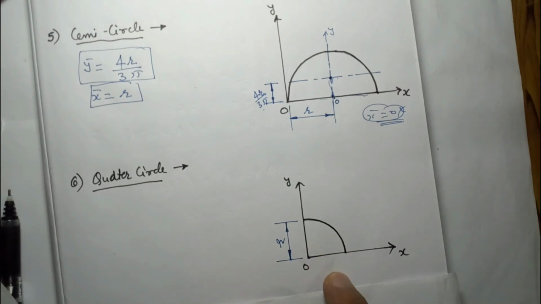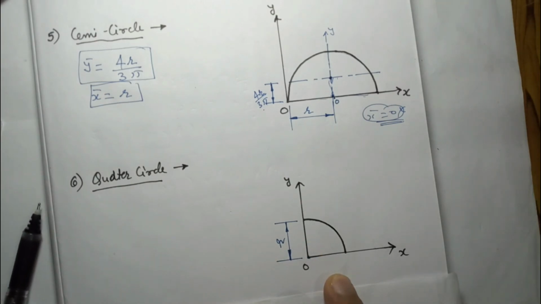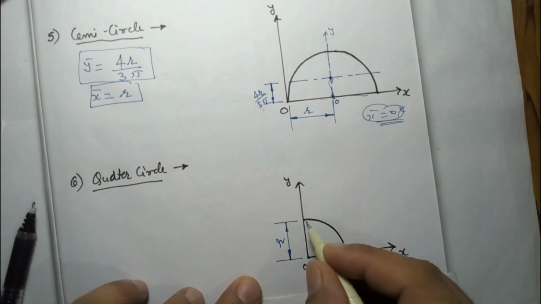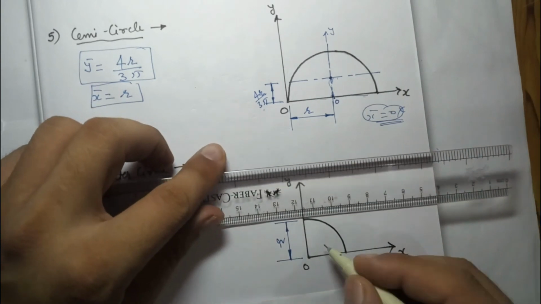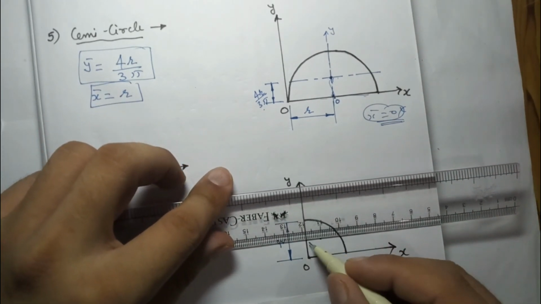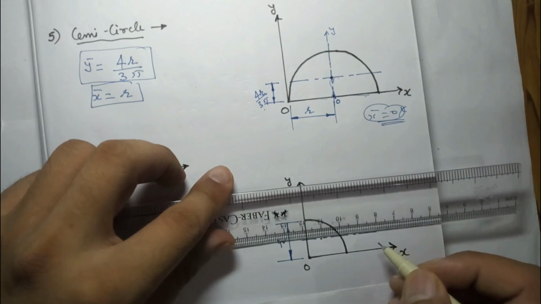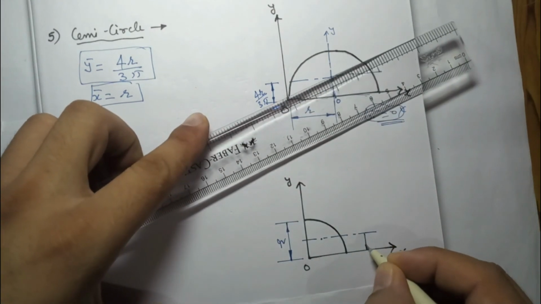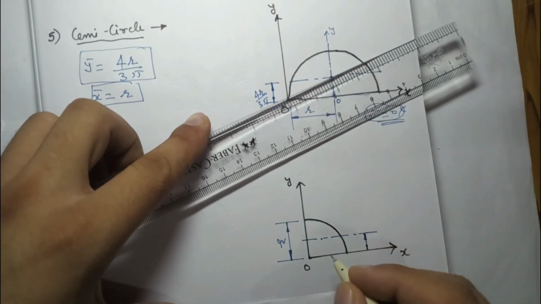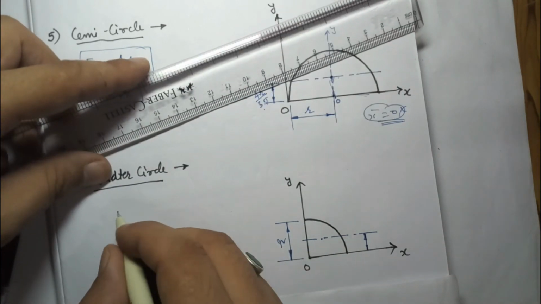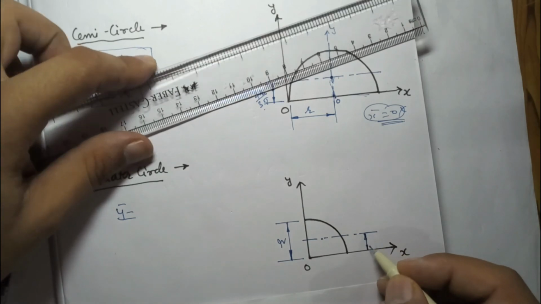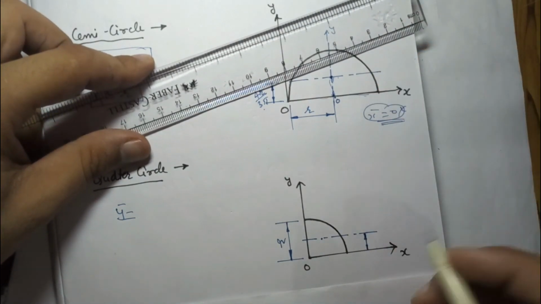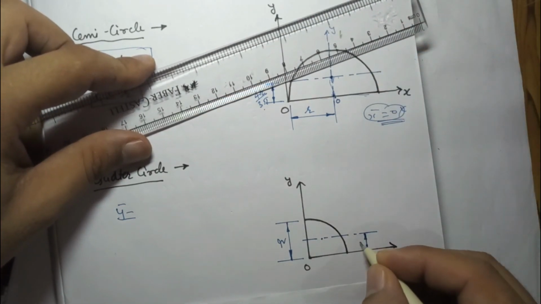Now the next one is a quarter circle. Quarter means a one-fourth part of the circle. In that case, again this is the radius, right? And let's say this is the centroid. So what will y bar be? Y bar will be the same as for the semicircle, 4r by 3 pi.